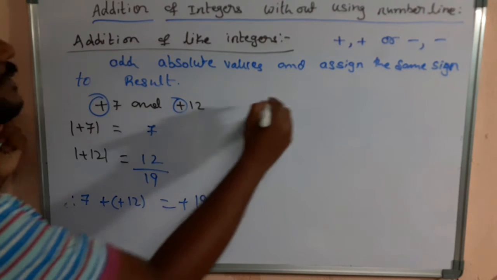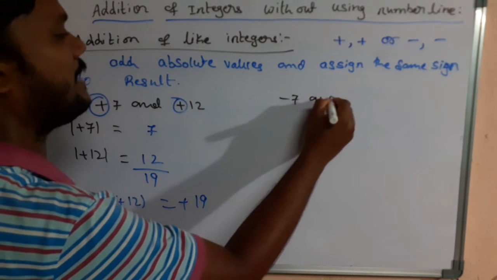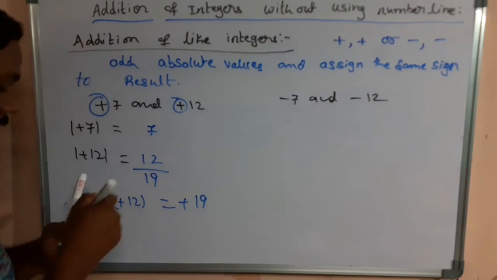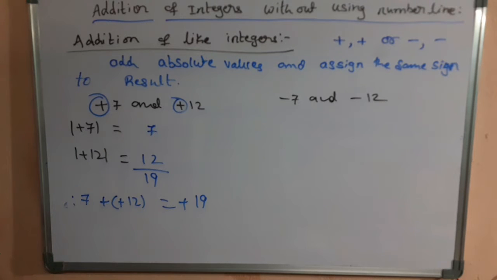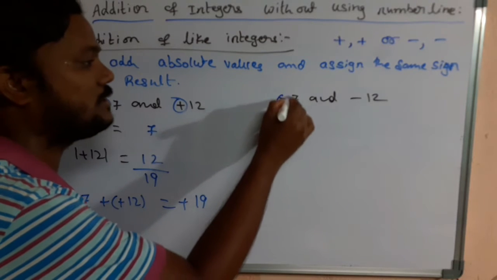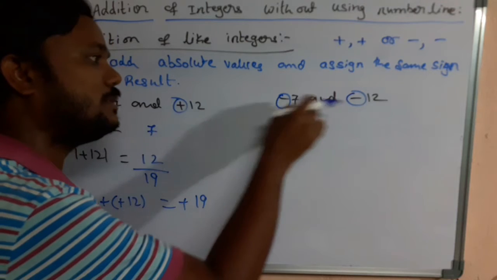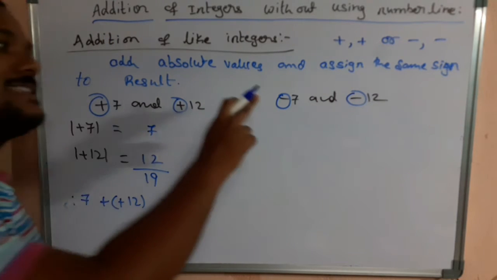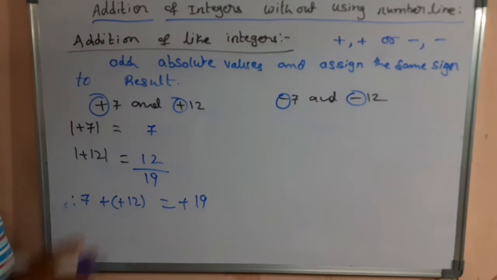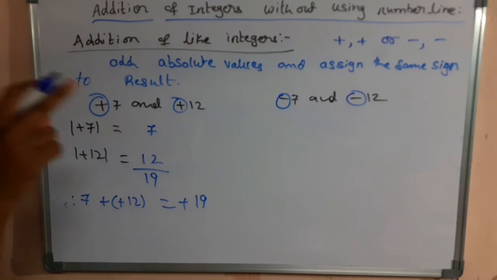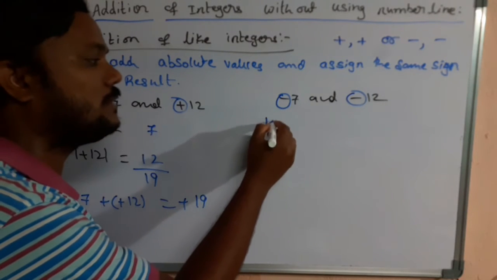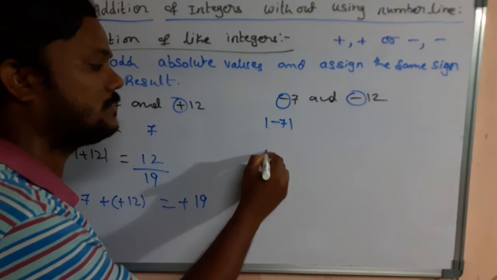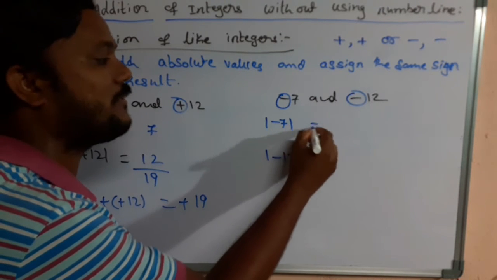And if you want to add -7 and -12, in this case also these two are like integers, because the two numbers we are going to add have the same sign, that is negative. To add like integers, we take the sum of their absolute values.